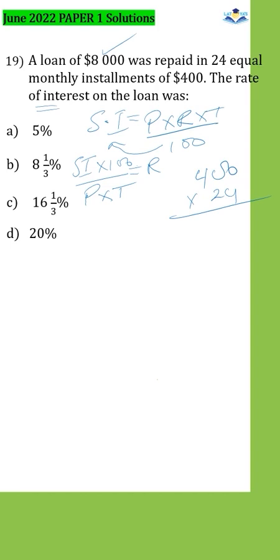So 400 multiplied by 24 is going to give me 9,600. Now this 9,600 would represent the amount of money that was repaid. Now from this we can determine what the interest was. If we subtract 8,000, which was the principal amount, from this, we would be able to determine the interest that was paid.